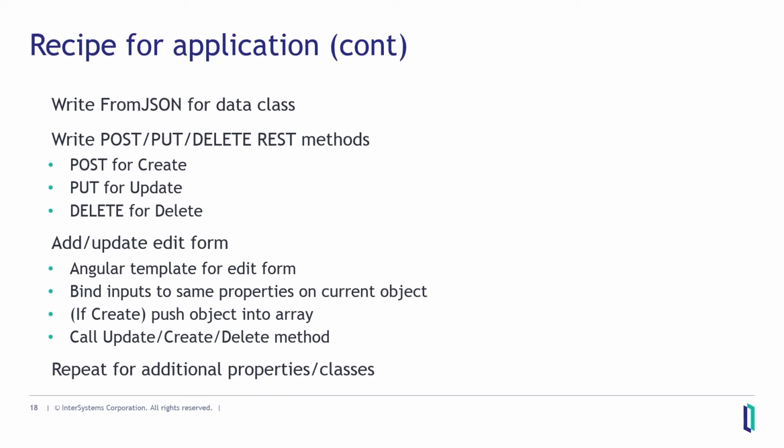If it's a create, we may need to push that new object into our array of data on the client side, and then we make our REST call. We can make our update call or whatever you need, and then again you can repeat this to add properties, to add classes, things like that.